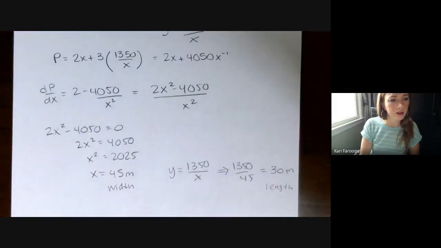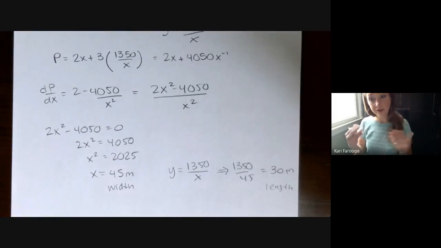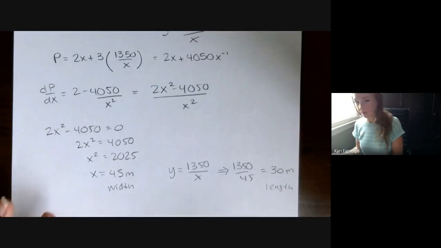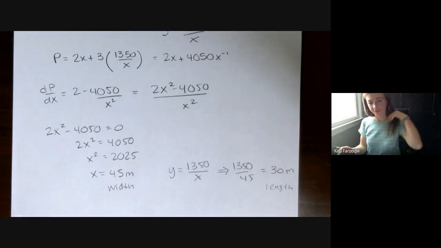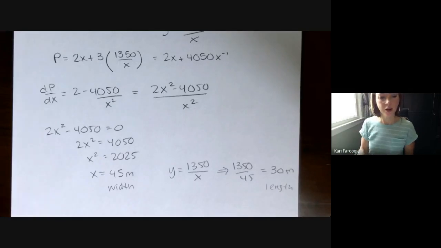But it looks like they have length as 45 and width as 30. Am I thinking of length and width wrong? When I think width, I always think horizontal. I don't know. But it looks like the way they want you to enter your answer is 45 as the length.